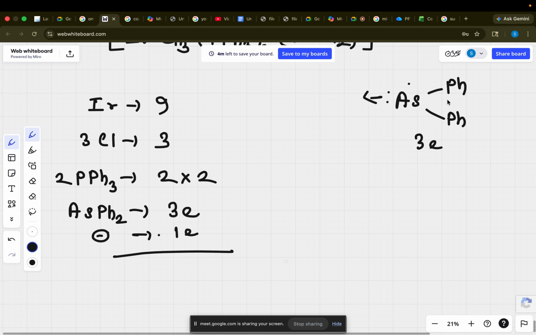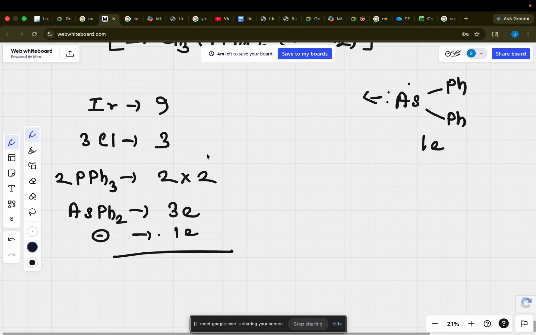Here you have 3 electrons. Okay, so this ligand AsPH2 will donate 1 electron. It will donate only 1 electron.